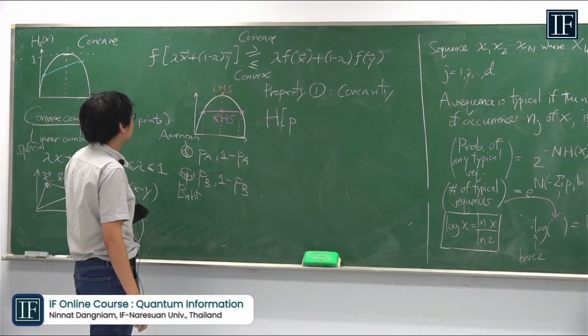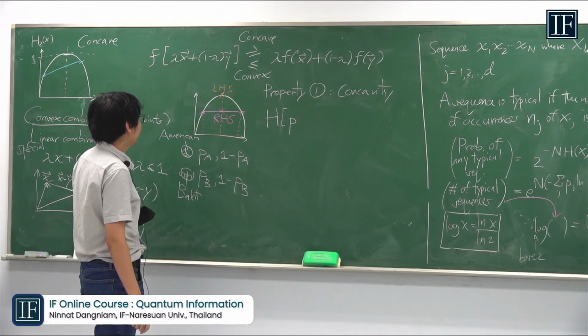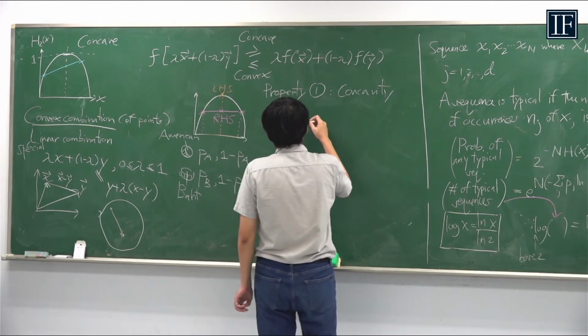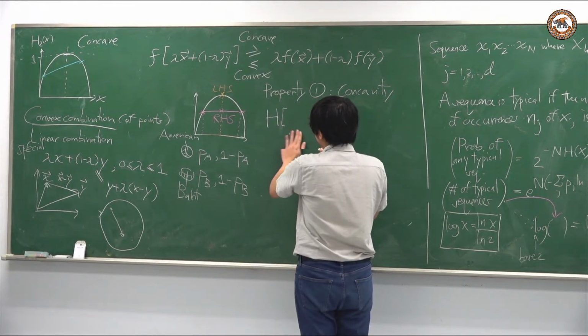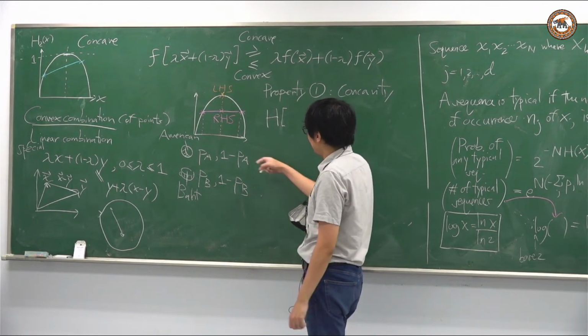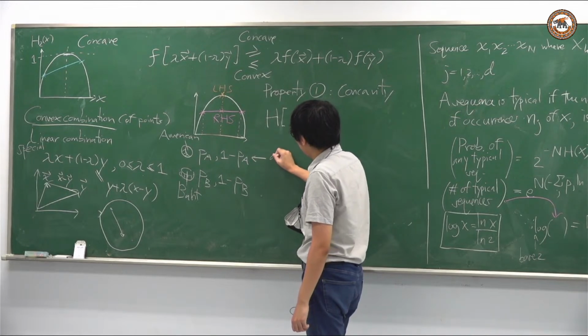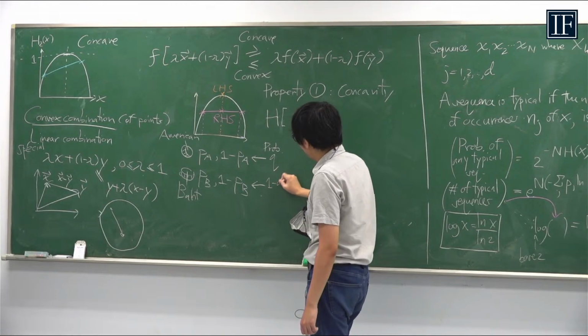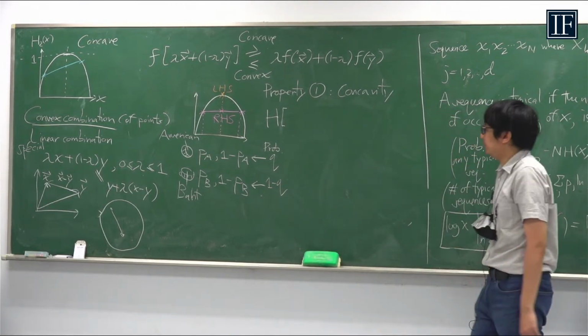In the first situation, suppose that I toss this coin with probability Q, and this one with probability 1 minus Q.